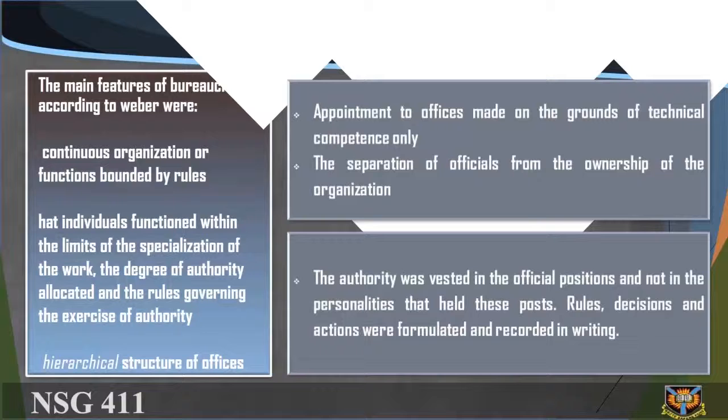The authority was vested in the official positions and not in the personalities that held this post. Rules, decisions, and actions were formulated and recorded in writing.